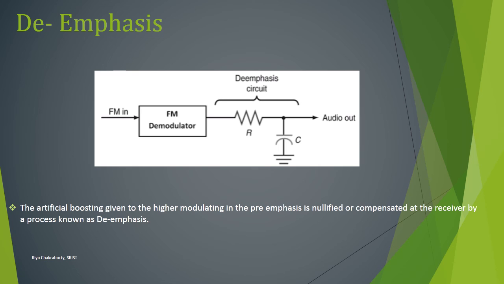So remember once again that the artificial boosting given to the higher modulating frequencies in pre-emphasis is nullified or compensated at the receiver and brought back to the original signal. De-emphasis is needed. Please remember it.